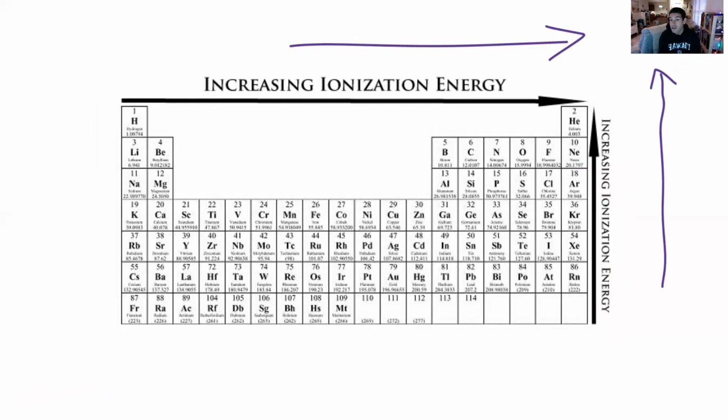It is hard to remove an electron from a small atom. As the atom gets bigger, it gets easier. So since it increases to the right and it increases going up, helium would have the highest ionization energy, whereas francium in the lower left would have the lowest ionization energy.